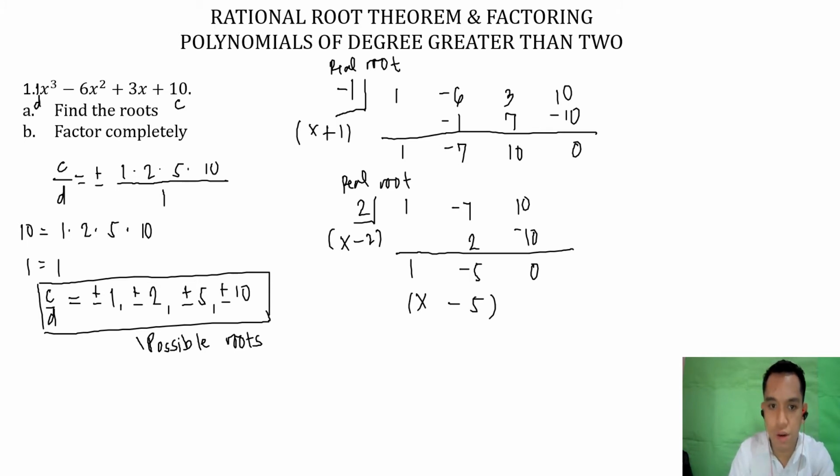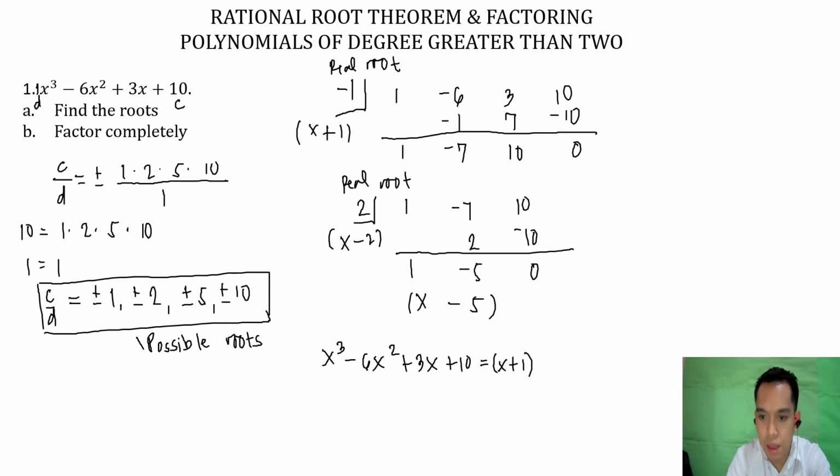Okay, so the factors of x cubed minus 6x squared plus 3x plus 10 are x plus 1, x minus 2, and x minus 5. And the roots are negative 1, positive 2, and positive 5. So this is the final answer.